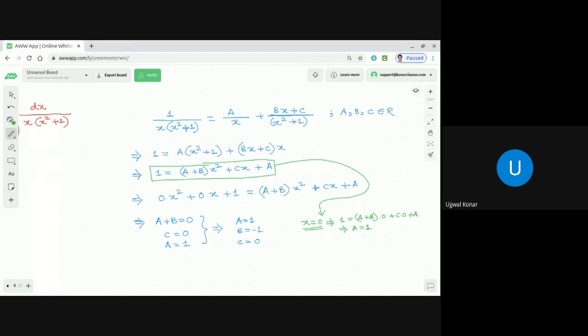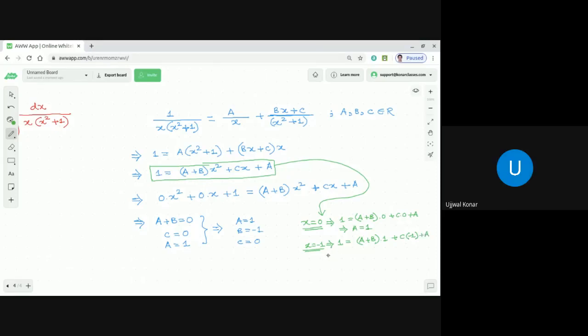Then let's take another value of x. Suppose let's take x equal to -1. Then what is the value of left hand side? 1. So a plus b into (-1) whole square, which is +1, plus c into -1 plus a.